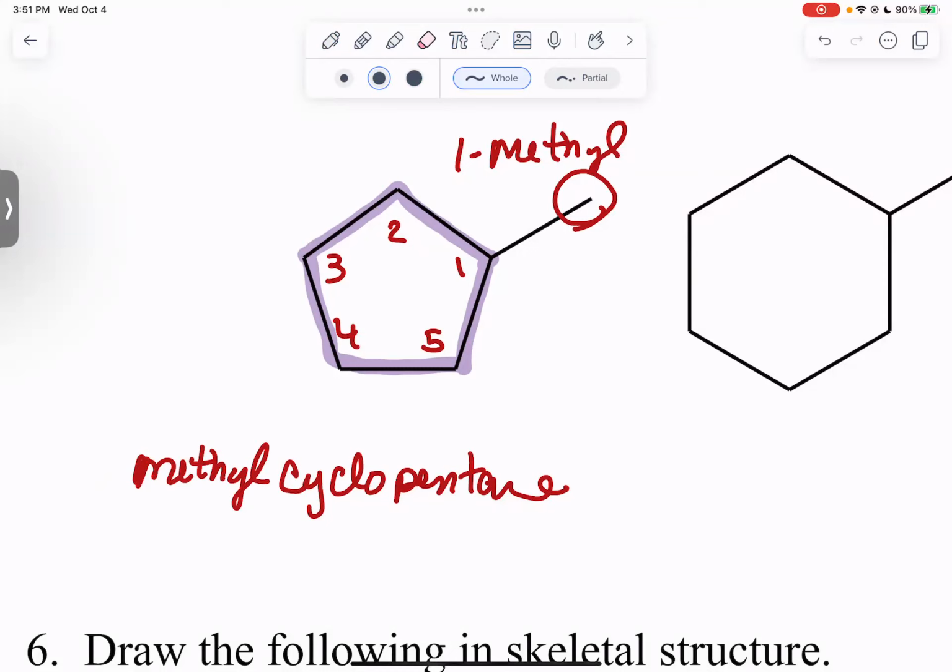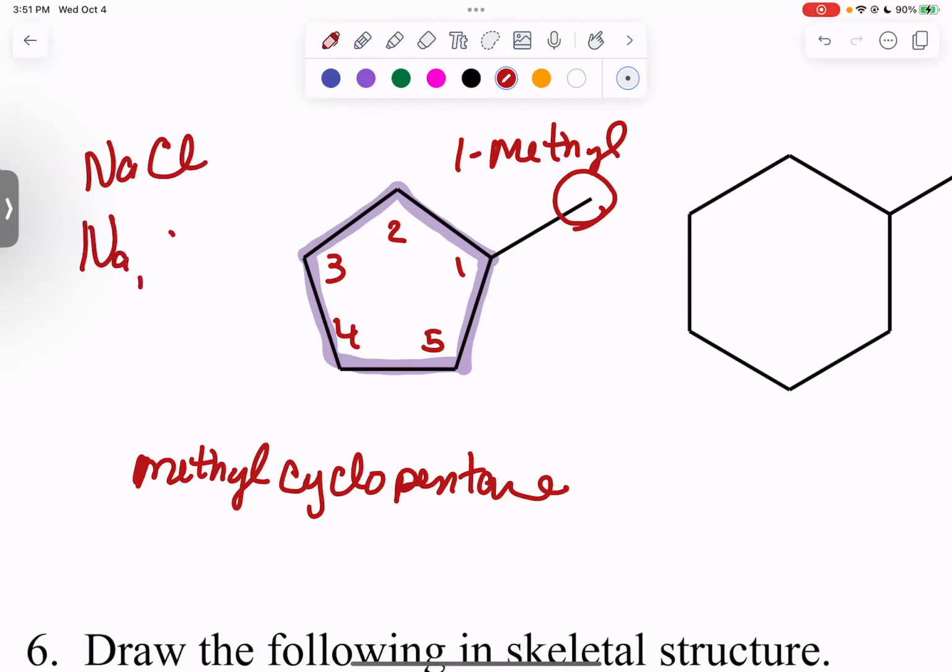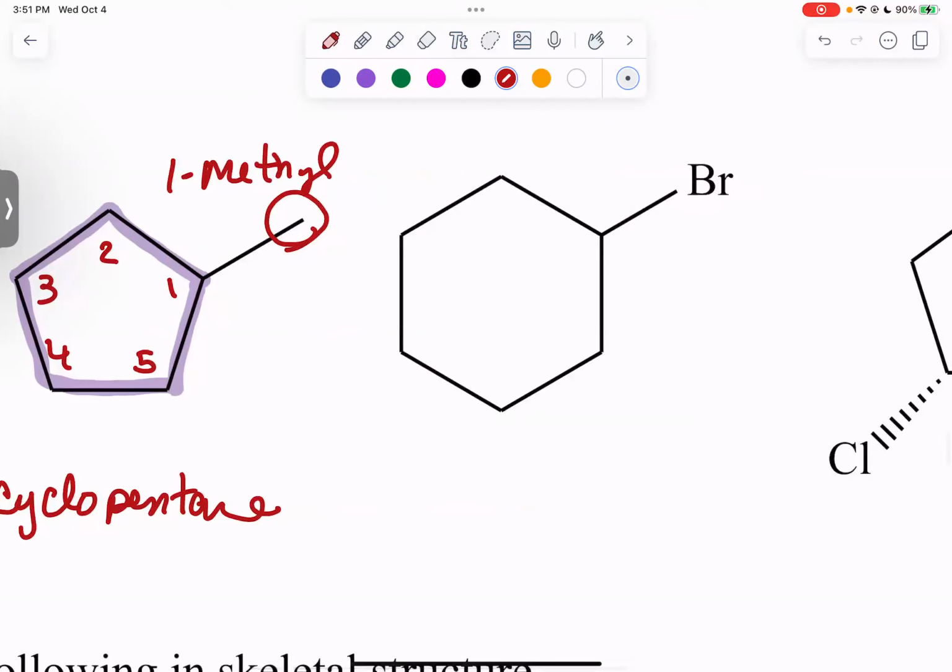Oh, and you don't actually need the 1 because it's understood. It's just like a molecular formula for NaCl. We know that is 1 Na and 1 Cl, but we don't write the 1 because it has to be there. So for a cycloalkane, the substituent has to be at position 1, so we don't write it. So here's another one with 1 substituent.